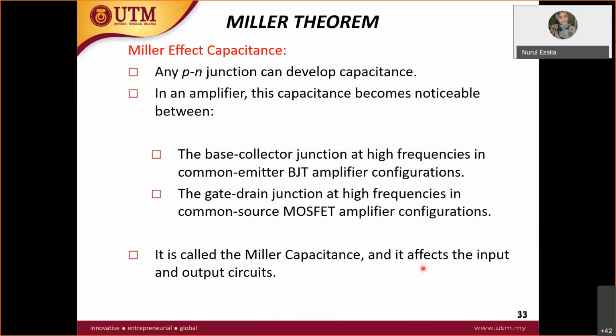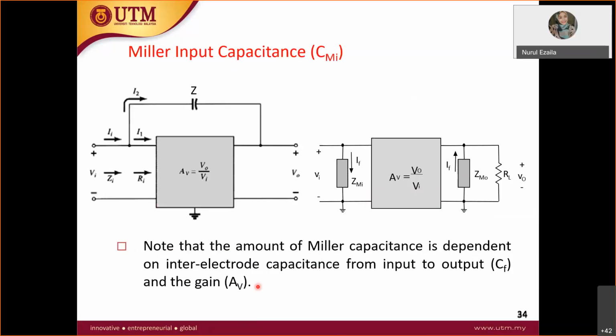So it affects the input and output circuit. This is how the Miller capacitance is shown. This is your amplifier model. For the AC analysis you have done, if you still remember, during the midband you find the voltage gain. In Miller's theorem, you will be using the voltage gain, the AV value. The equivalent circuit looks like this.